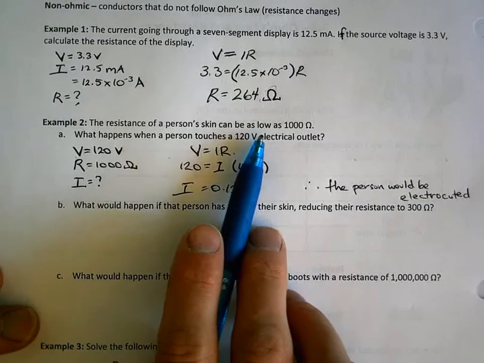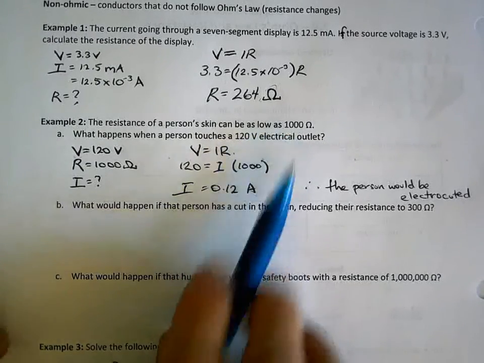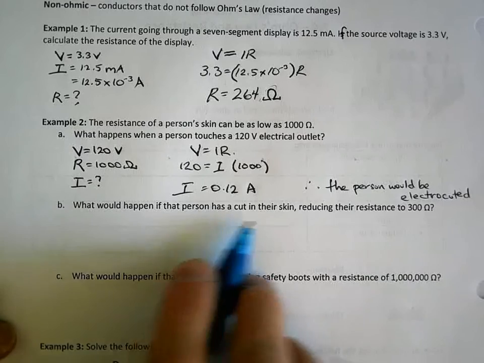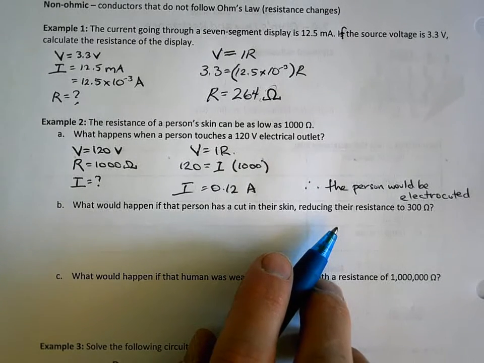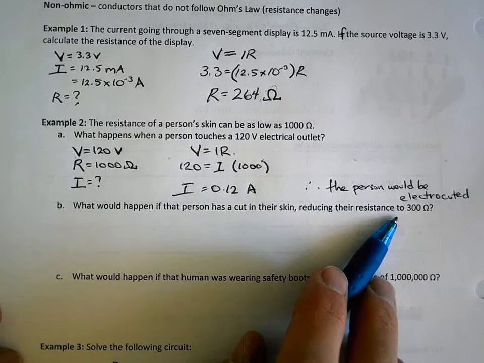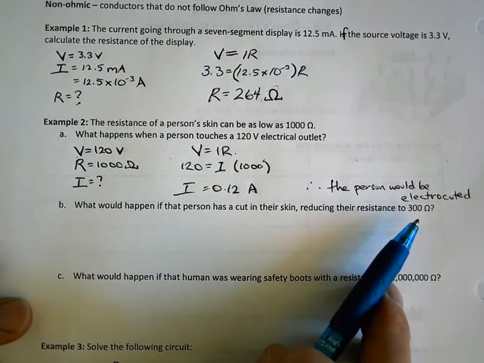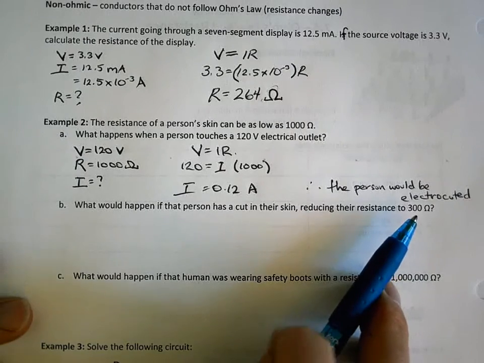Now the resistance of your skin can change depending on a lot of factors. If you had a cut in your skin, or you had just come out of the rain and your skin was covered in water, you would have less resistance. You'll learn on the last page how things can cause resistance to change. In this case you have a cut, so the resistance is a lot lower because there's more of a path for electricity to travel through your body.